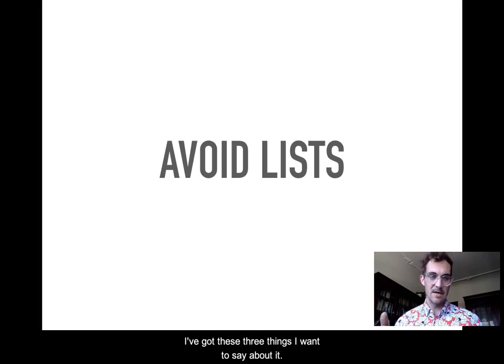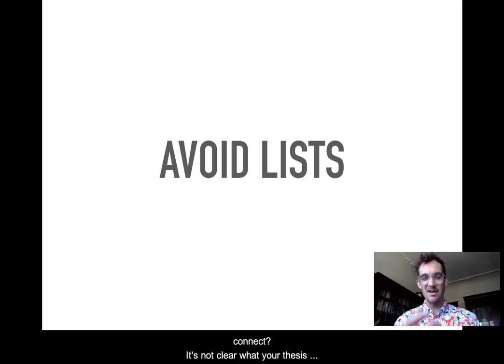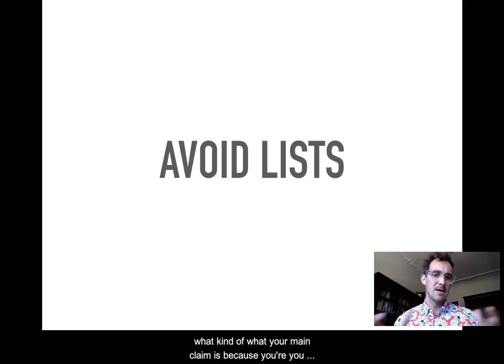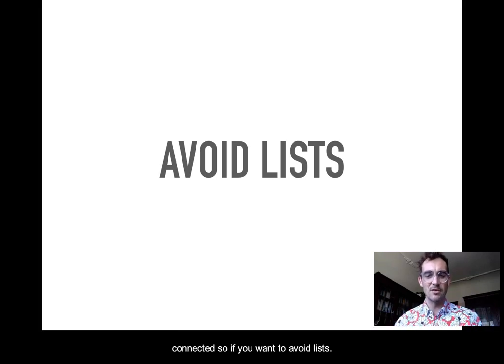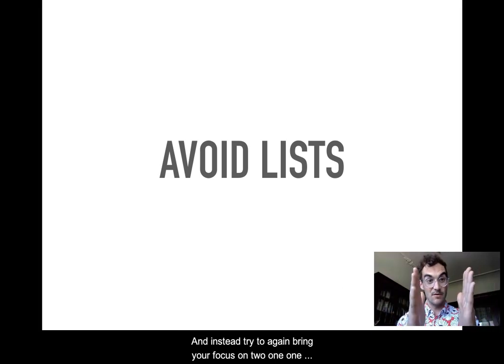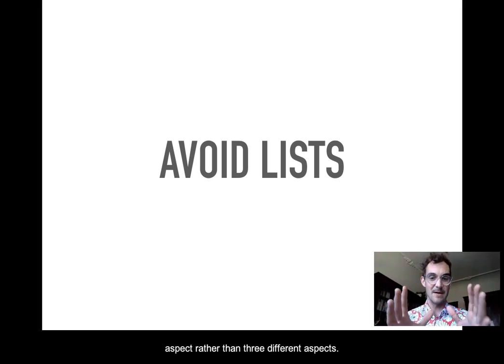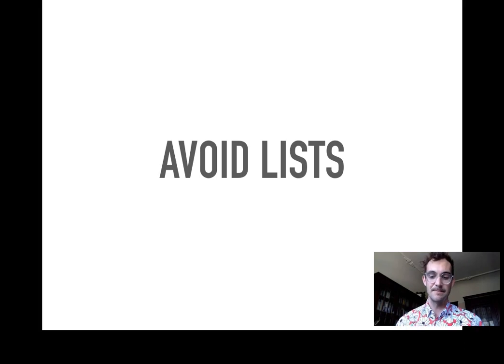I've got these three things I want to say about it, but they don't really connect. How do those three pieces connect? It's not clear what your main claim is, because you just have three separate points. So you want to avoid lists and instead try to bring your focus onto one aspect rather than three different aspects.